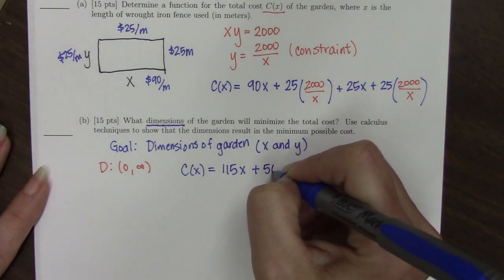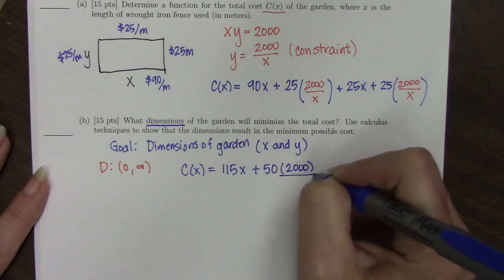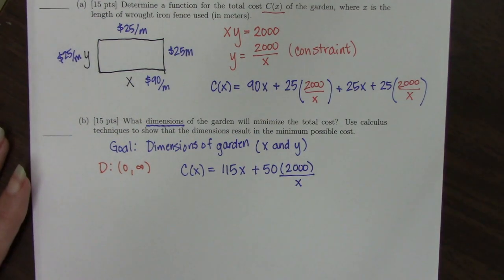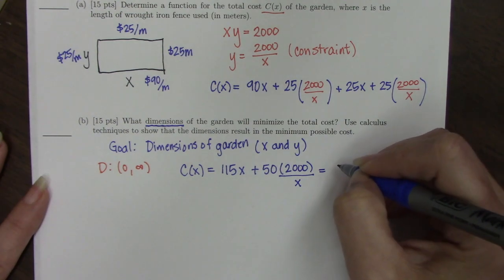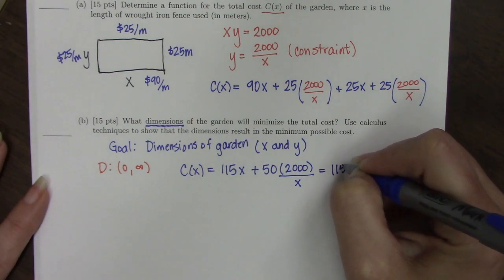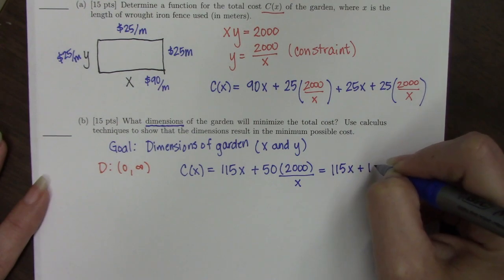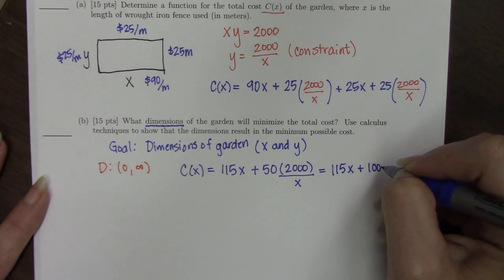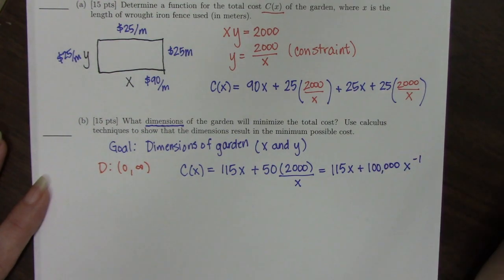So that's actually going to give me 50 times 2,000 over x. For the derivative step, it might be a little bit easier if I use negative exponents, so I can use the power rule to take the derivative. So 50 times 2,000 is 100,000 x to the negative 1.